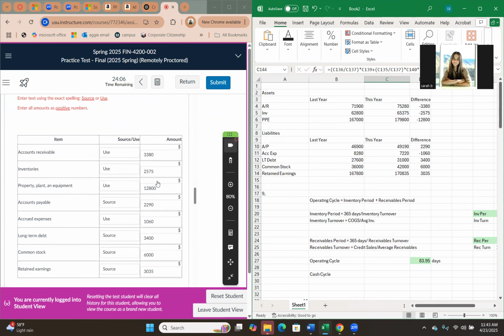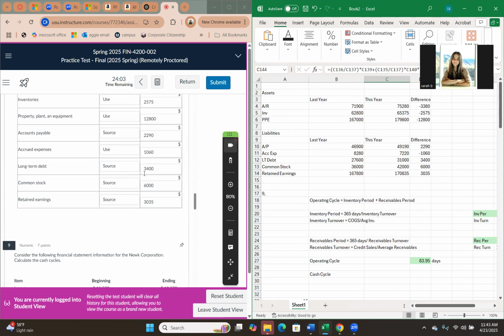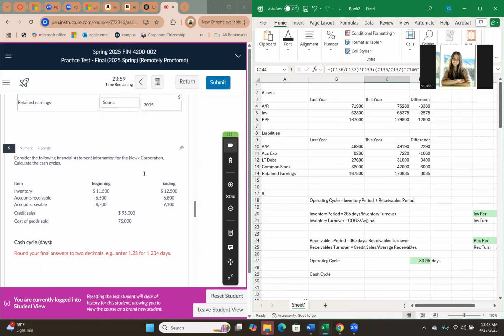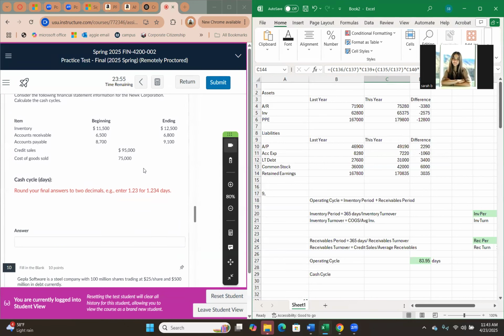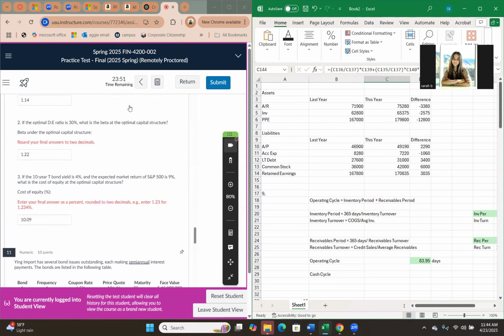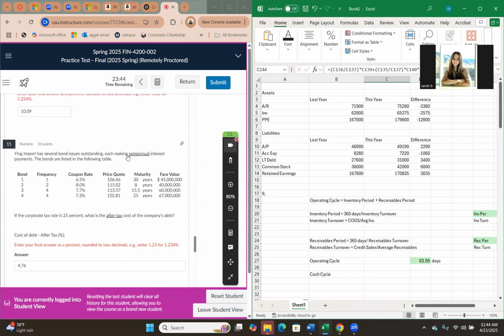So understand which ways cash flows when you're increasing assets or liabilities. You'll see a cash cycle question. You're going to see a re-optimized beta, an optimized debt to equity ratio beta question.